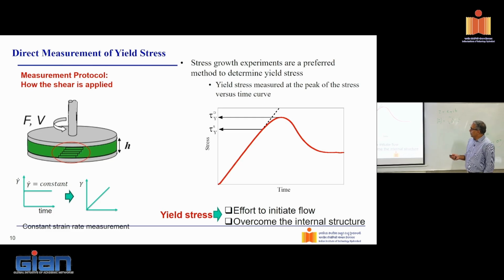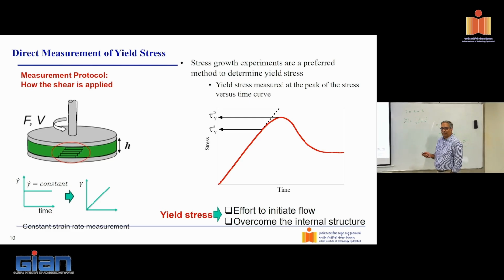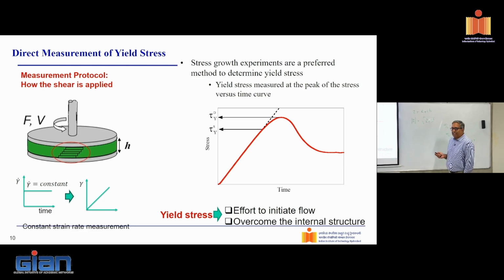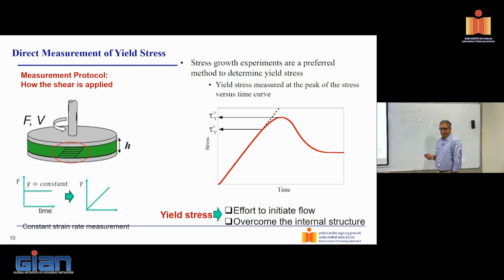But if you look at the response, what do you get? Initially, for some very dilute cement paste, we'll get a nicely linear response. Beyond which it will go to some peak, and after that the response crashes. Interpretation of this response leads us to this whole definition of yield stress. Now, what does this imply? If you look at the stress buildup being linear, which means that the material is almost behaving like a solid.